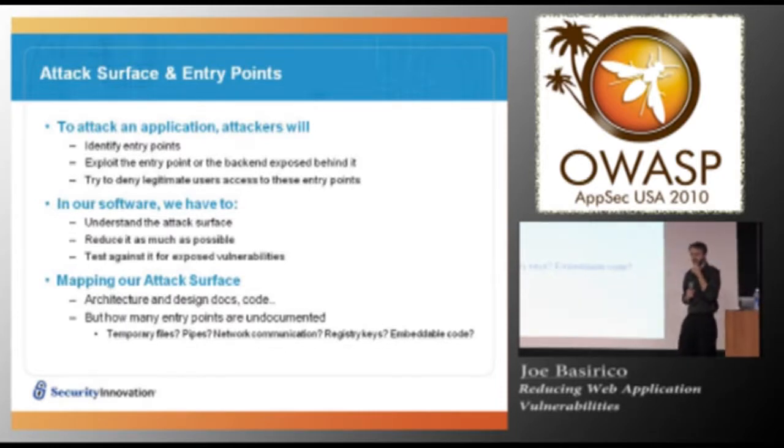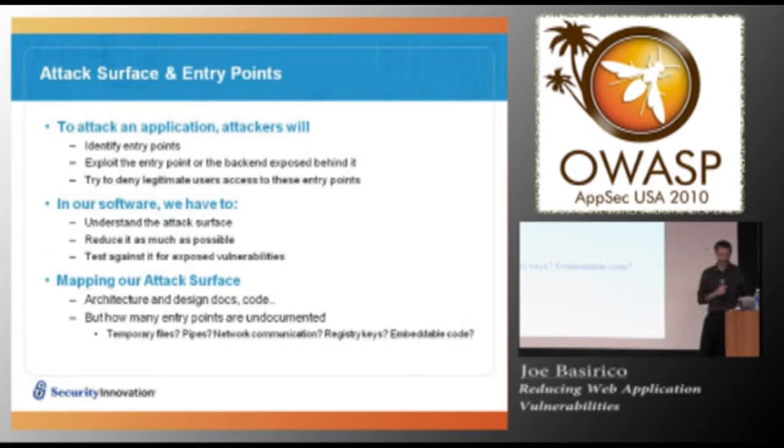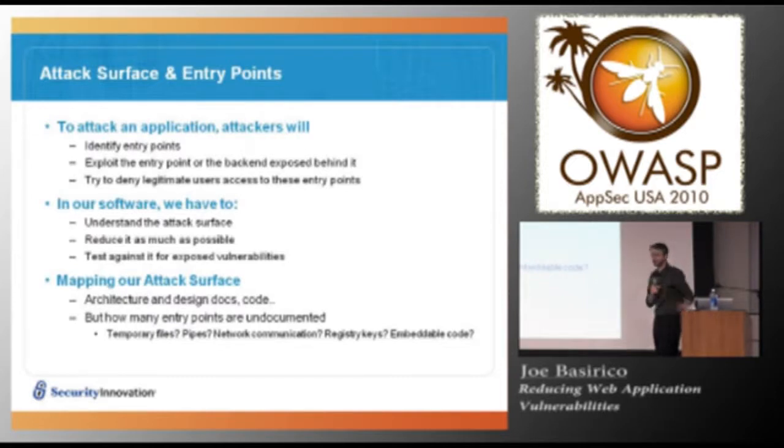And they say, well, how can I use that to my advantage? How can I bypass your input validation? How can I manipulate your server-side information stores, right? And so they identify your entry points, they exploit the entry point or the back-end service behind it, and then they try to gain access.